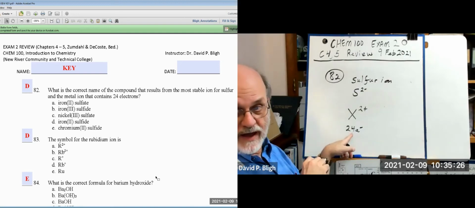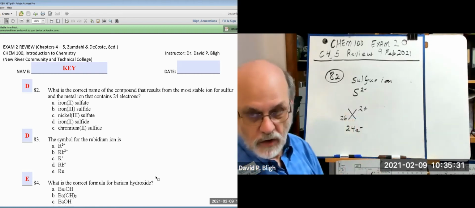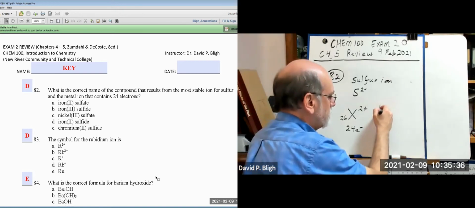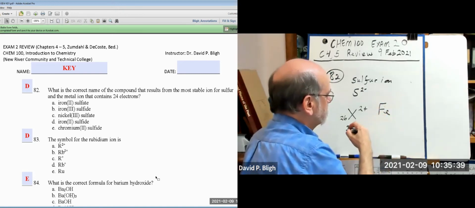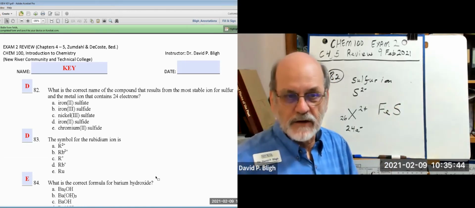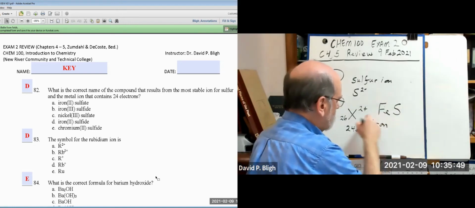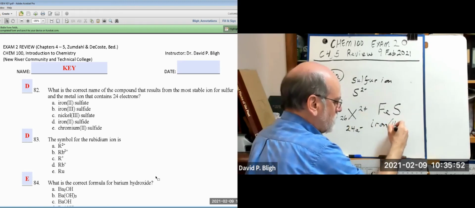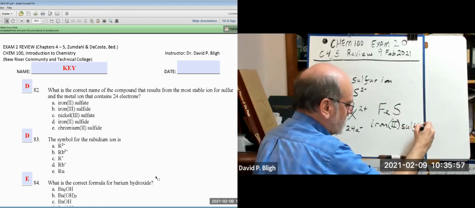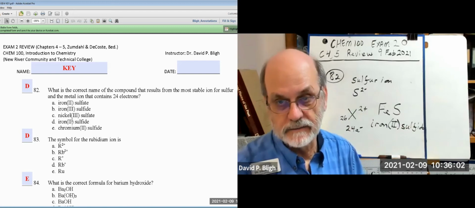Well, 2 more than you have electrons, so it's 26, right? So look on your periodic table, and 26 says it's iron, Fe. And 1 sulfur. So how do we name that? We name it iron 2+ sulfide. So that's why the answer is D.